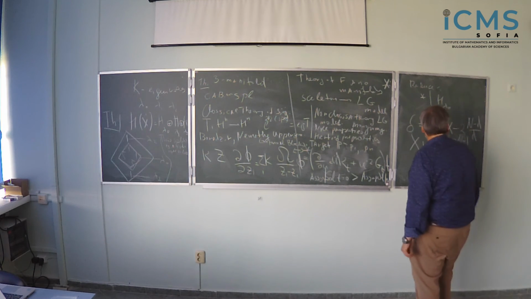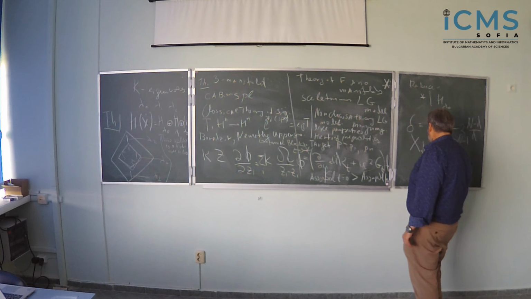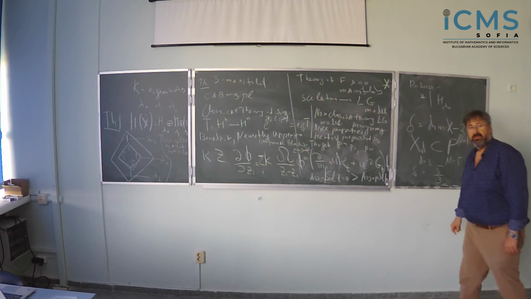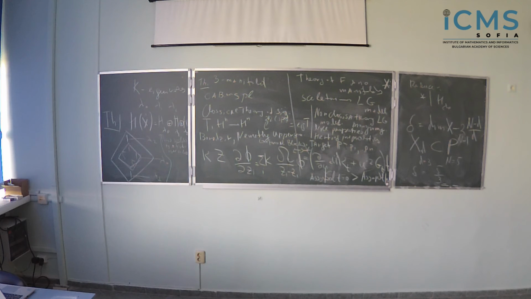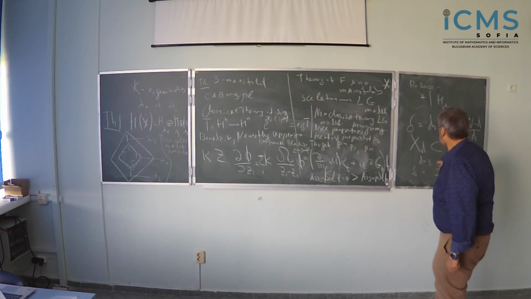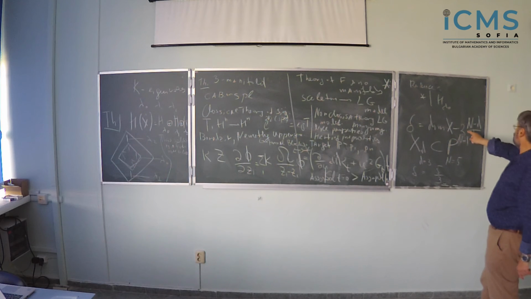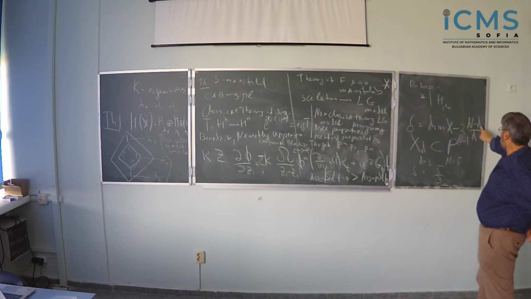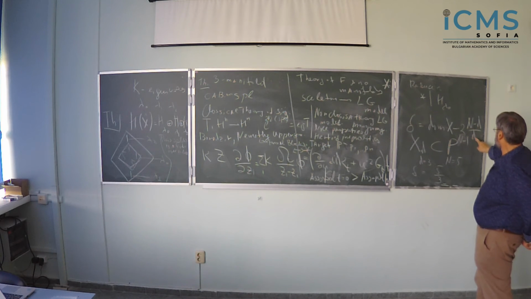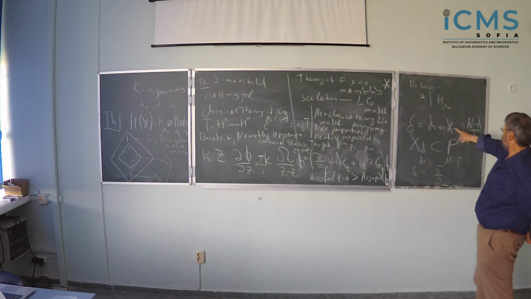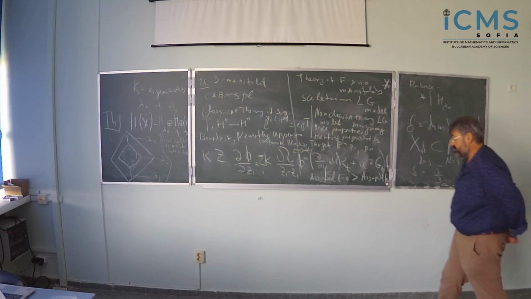So if I'm not mistaken, if you compute this number, you get that delta is equal to 5/3 in this particular case. So let's see, I have 3 minus 2, 5 minus 3, 2 times 2/3, 4/3. 9/3 minus 4/3 is 5/3.